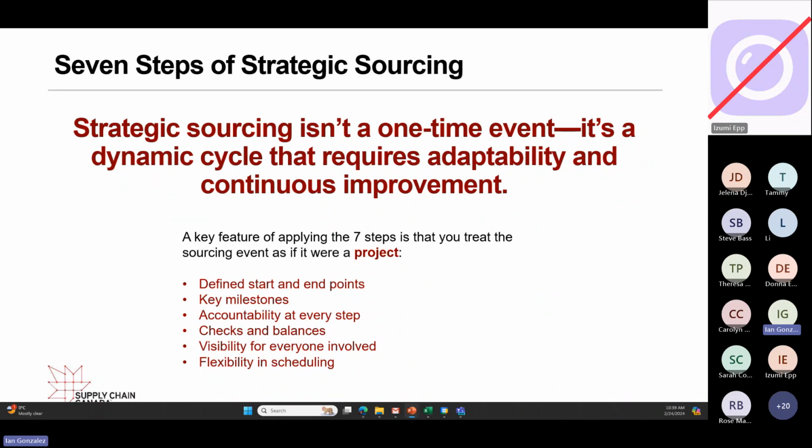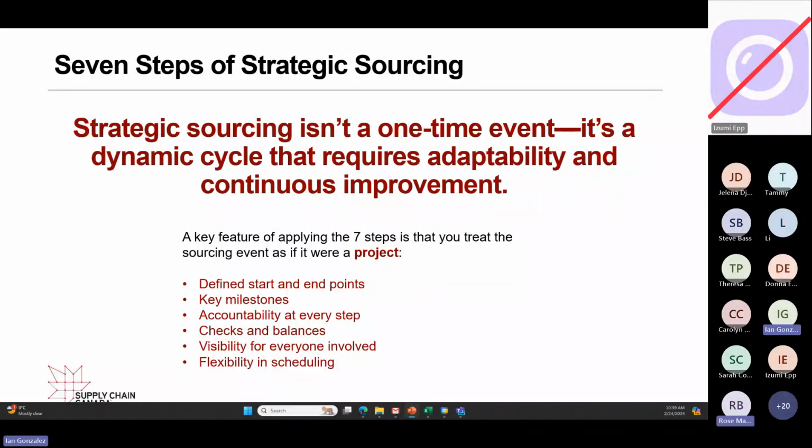So let's look into detail now at what these 7 steps are and what changes have to happen in your organization for this thing to work. By the way, the 7 steps of strategic sourcing were created for virtually all kinds of sourcing events, okay?